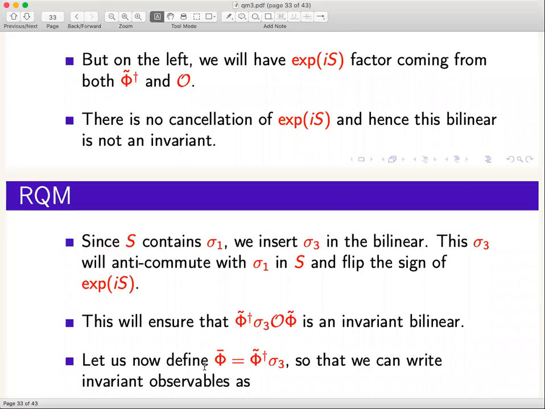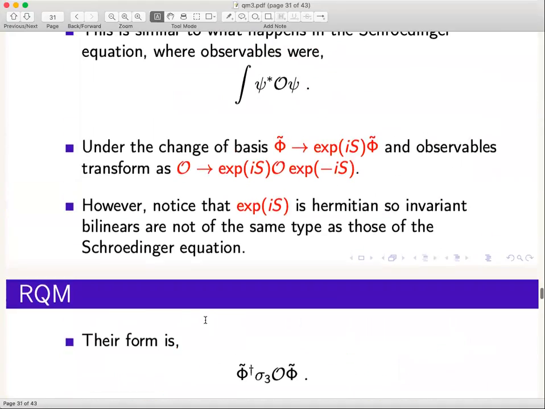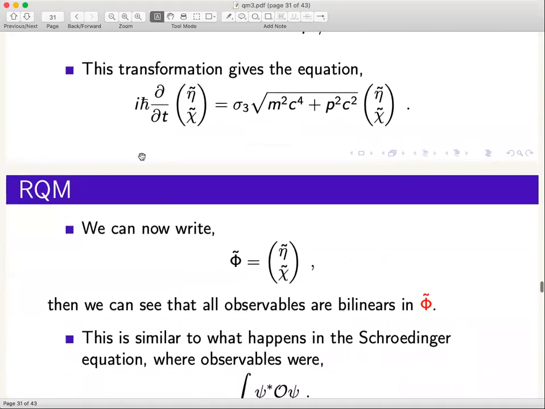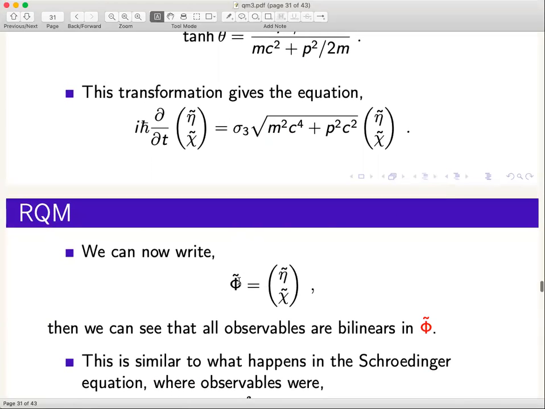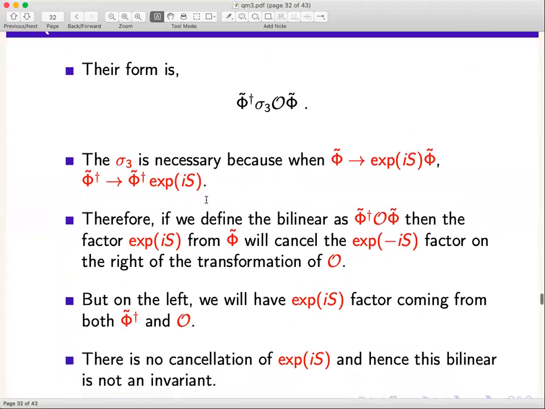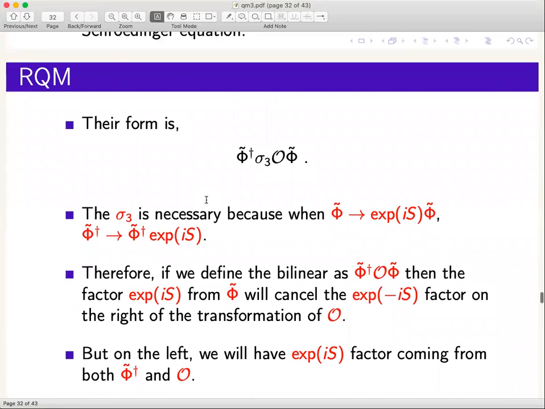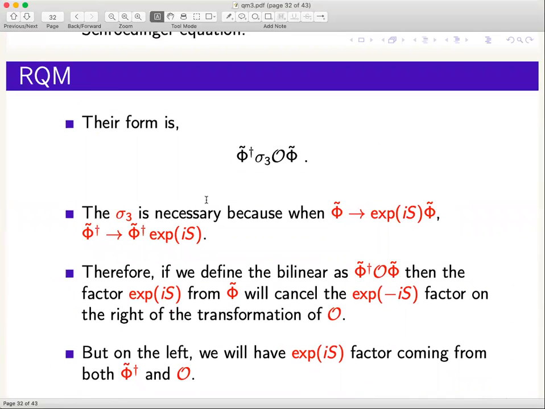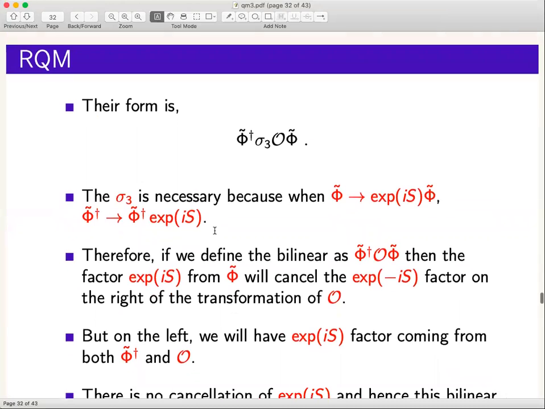If you go back to the original equation, you will realize that the original equation written in terms of phi would be a first order equation in time. So phi bar is some kind of a canonical conjugate of phi. This is exactly what we will do with the Dirac equation also, that psi bar would be a canonical conjugate variable simply because your equation itself is first order in time.